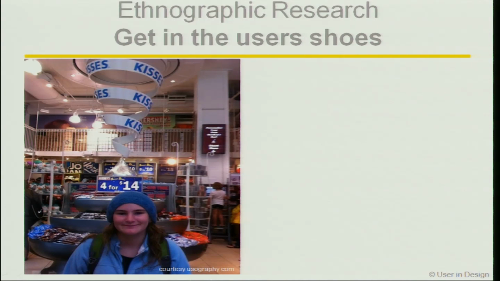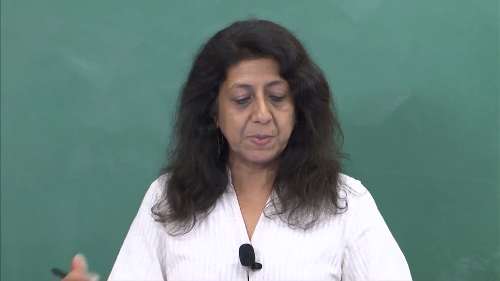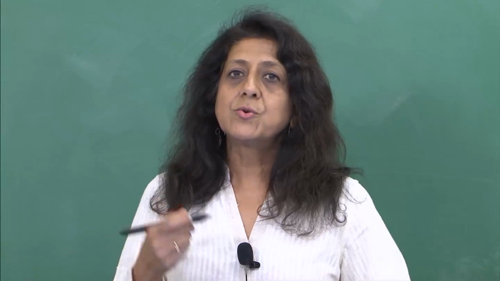This was the Hershey chocolate store in New York City. And the design team, in order to figure out how it should work for children, because they were really trying to appeal to children, got into the user's shoes. And what did they do?